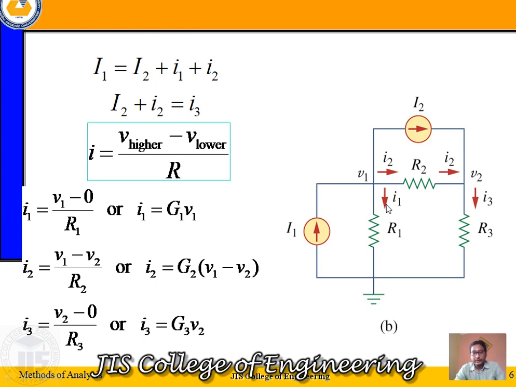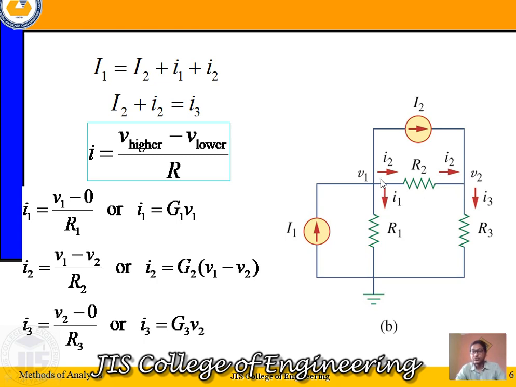So as we have considered this I1 current up to down, the upper point V1 has a higher voltage than this 0. Similarly, for this small I2 current, we have considered it flowing through this R2 resistance from node 1 to node 2, from the voltage point V1 to the voltage point V2. So obviously, as the I2 current is flowing from V1 to V2, V1 is higher than V2, right?